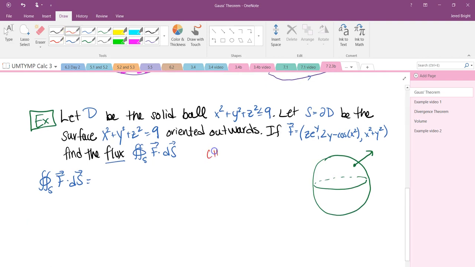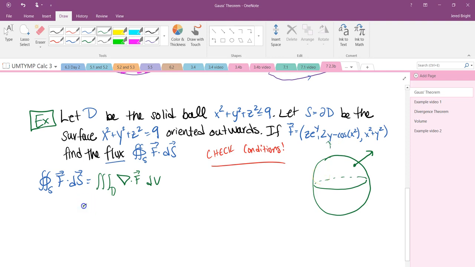I'm just going to tell you, on the final exam, make sure to check conditions. You will lose points if you don't. But anyway, we end up being able to do this, and we can do this quickly because the equivalent statement would be the triple integral over the region D of the del operator dot F dV. When I do the del operator, the only thing that has the components where we need it is this one.